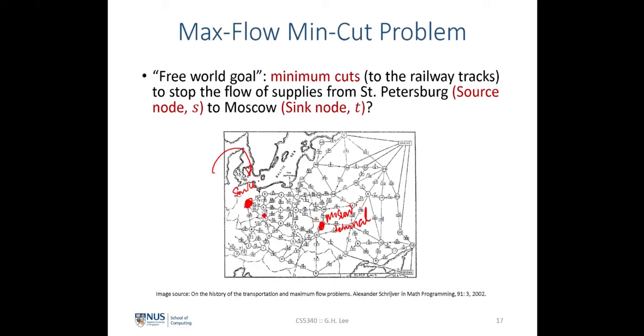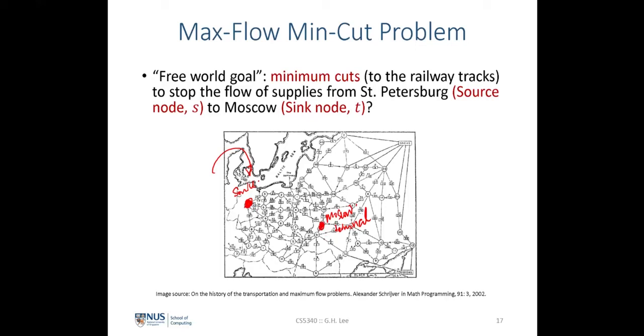These goods would have to flow through the road network, which is connected by important cities or checkpoints distributed along the way from St. Petersburg, the source, to the terminal node of Moscow over here.